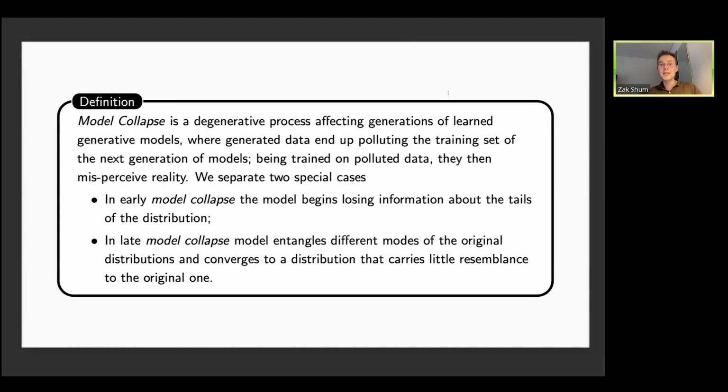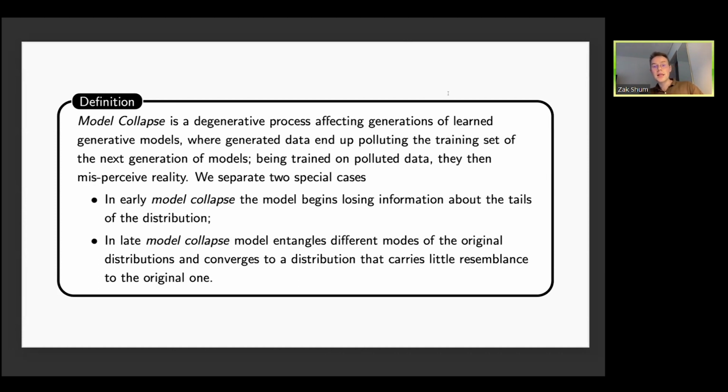However, nowadays, the current content on the internet is mostly generated by GPT. The problem which we refer to as model collapse is that in the early model collapse, the model begins losing information about the tails of the distributions. These can be minority classes or minority features.